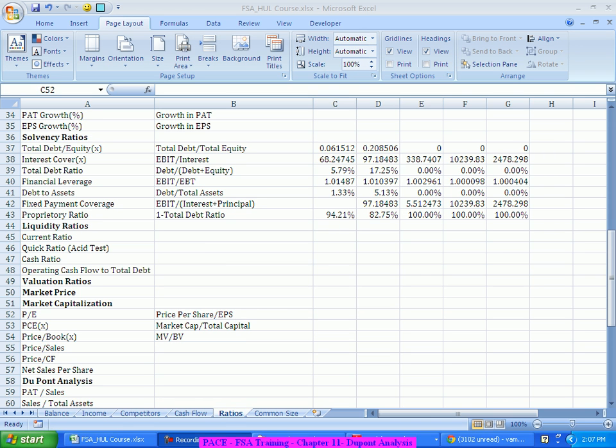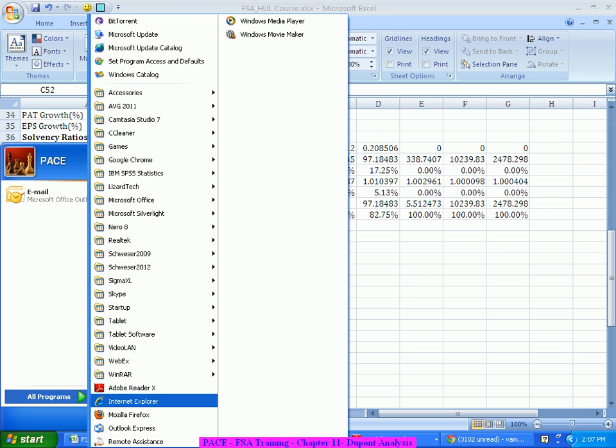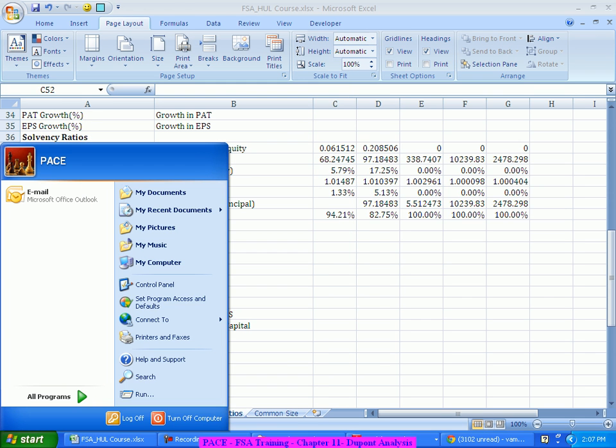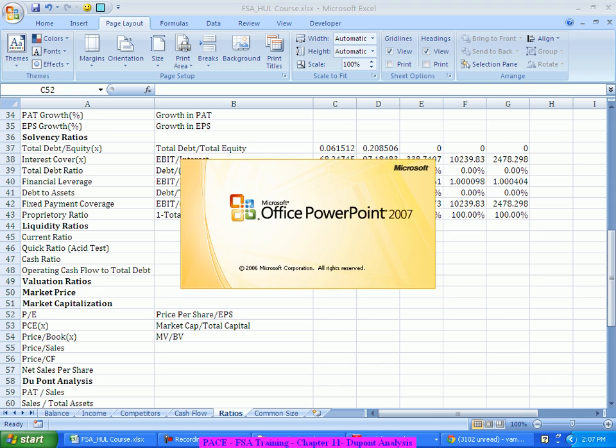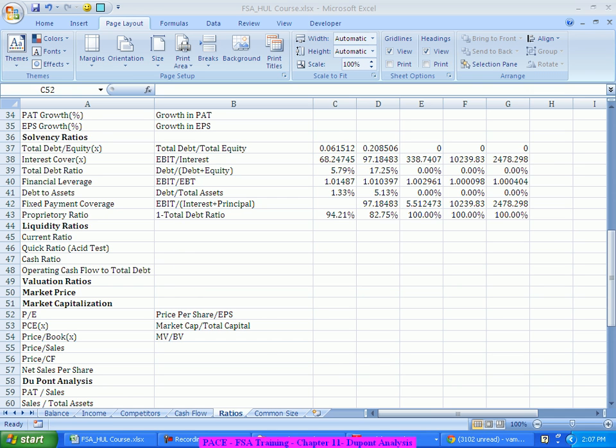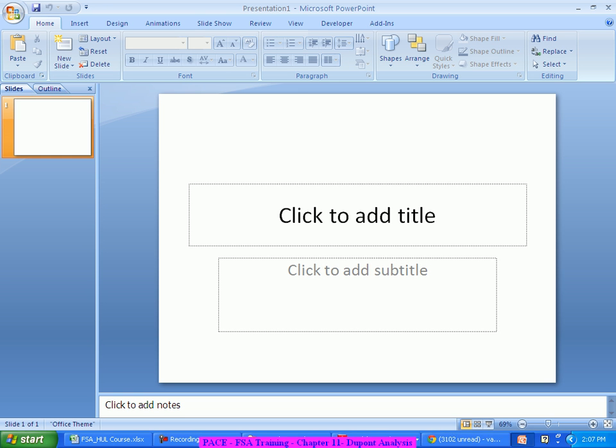Okay, the next one is a DuPont analysis, where the focus is primarily on the return on equity. A slightly deeper dig into the return on equity of the company.